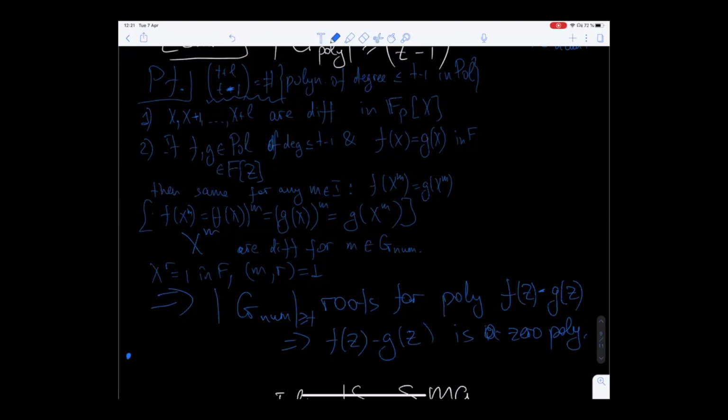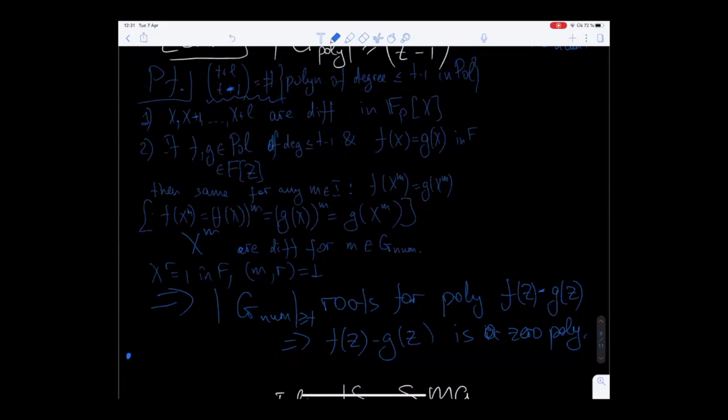So this proves that if we start from two distinct polynomials in Poly, I'll first say take them modulo p, get distinct polynomials, and then even when we look at which elements they map to in F, we will still get distinct elements.